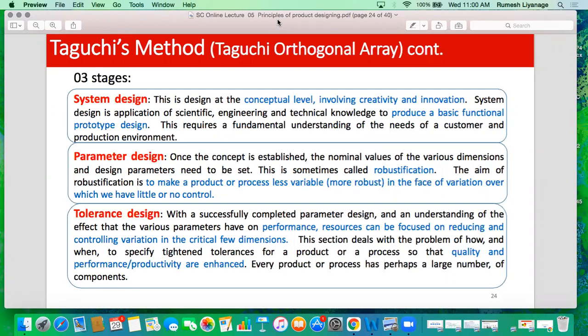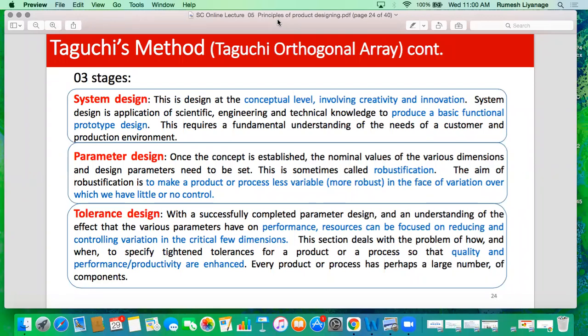But in parameter design, you have to maintain the RPM at a highly standard or correct level. Once the concept is established, first you have to establish the concept. The nominal values of the various dimensions and design parameters need to be set. Right? All parameters are now okay.